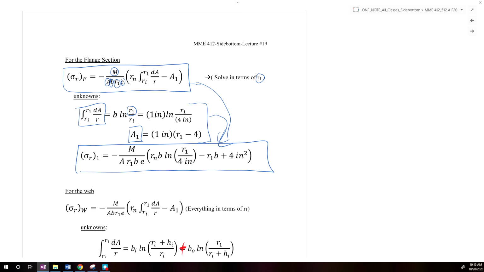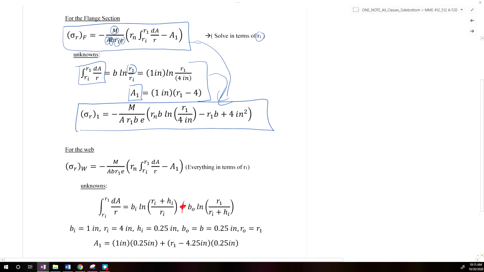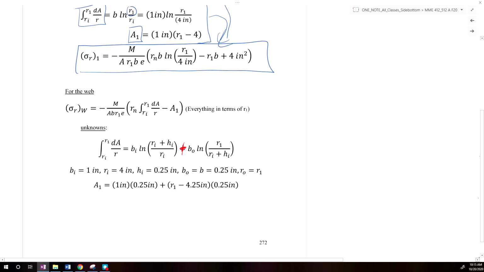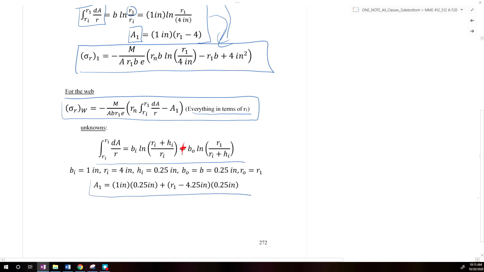The second part is that we have to solve the same thing for the web. Again, we have to write everything in terms of R1. This is our equation for dA, and this is our equation for A1.